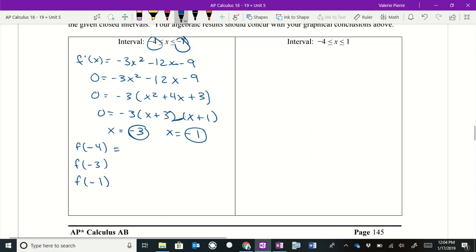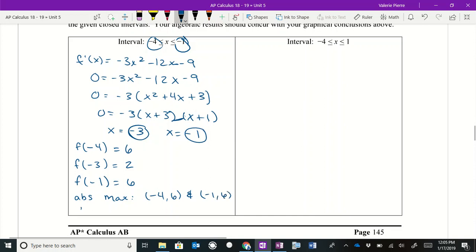So at -4, the original function is equal to 6. At -3, the original function is equal to 2. And at -1, the original function is equal to 6. So our absolute maximums, the highest value that the function can be, are going to be at -4, 6 and -1, 6.